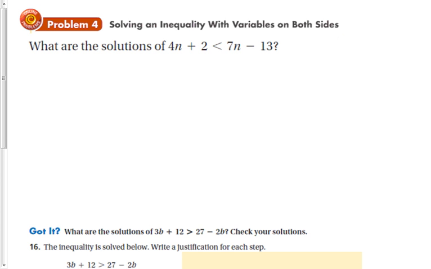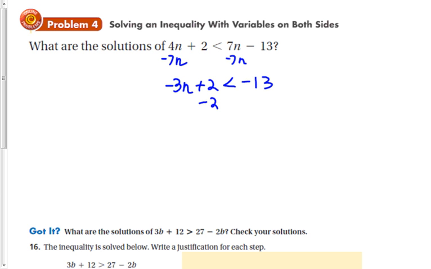All right, what are the solutions here? We notice we have a variable on both sides, and when that happens, we want to isolate the variable. In other words, get rid of it on one side. We can do that by subtracting 7n from both sides. And now we have negative 3n plus 2 is less than negative 13.